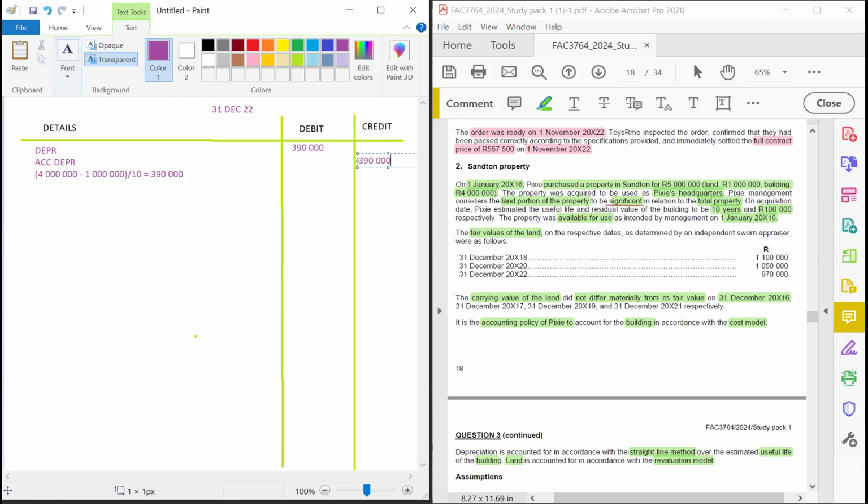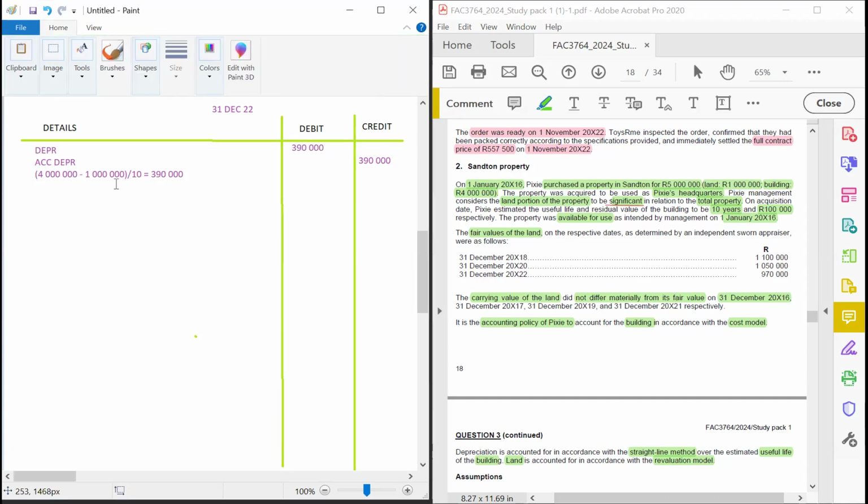Now, before I continue to the land, oh, the residual value. Yes, I made a typo. It should be 100,000.